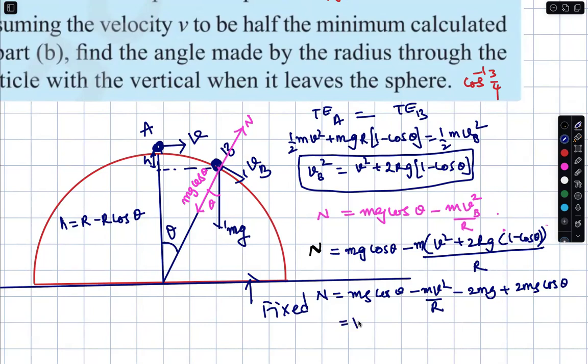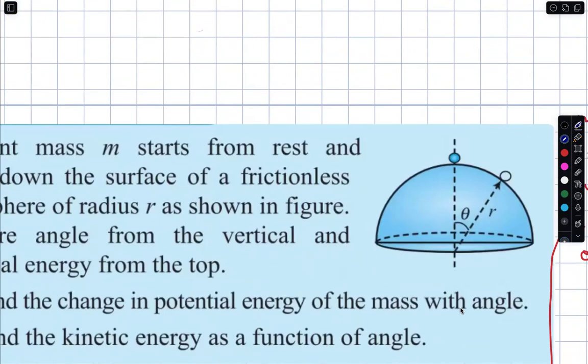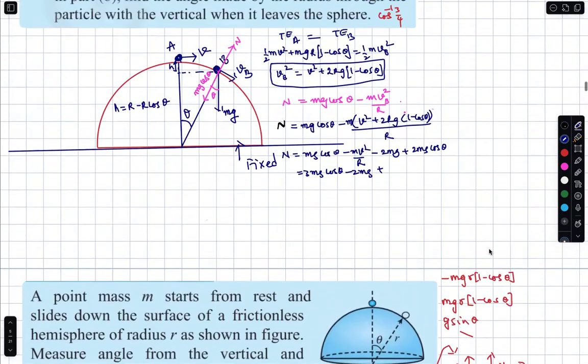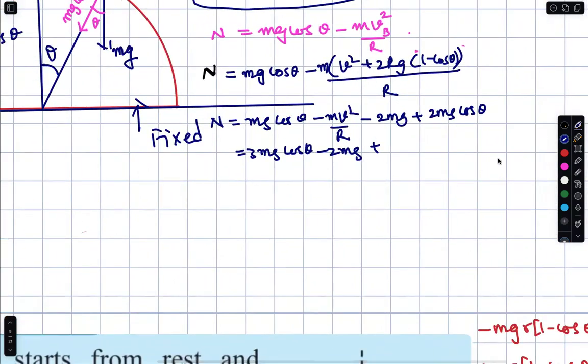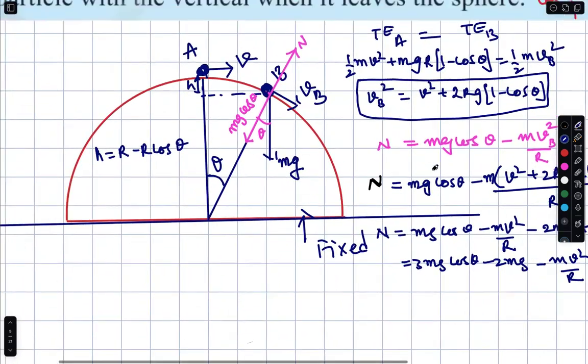This will become 3mg cos theta minus 2mg minus, what is that? I have prepared a general equation. Get into the question now.